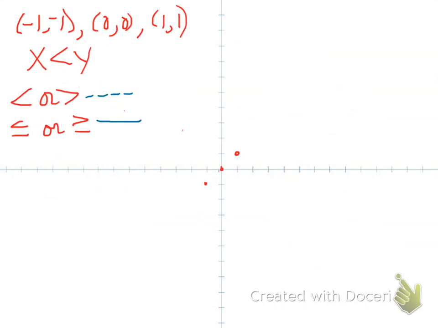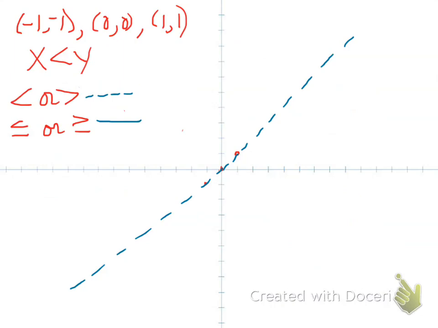On this particular inequality, x less than y, we have a less than, so we're going to use a dotted line. So there's our boundary line. That means all the points that lie on that line are not part of the inequality.